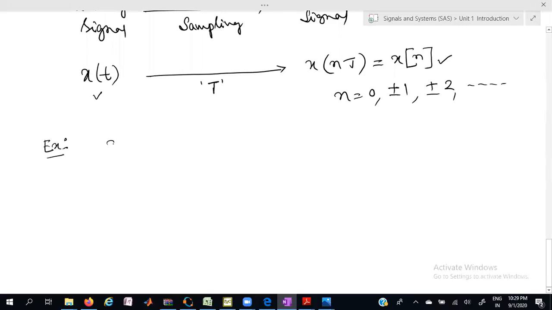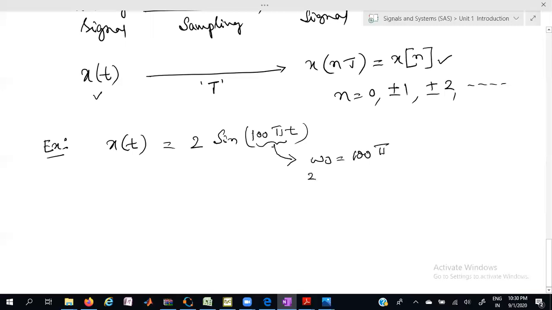Let us just take an example. I'll take a sinusoidal signal, say x of t is equal to 2 sine 100 pi t. This is a continuous time signal. You can even calculate the frequency. Omega naught is equal to 100 pi.